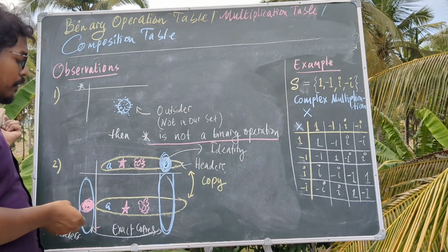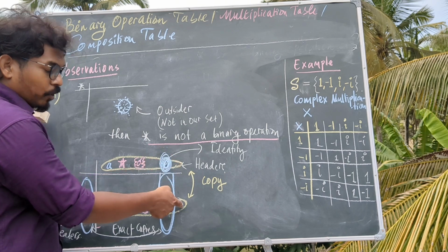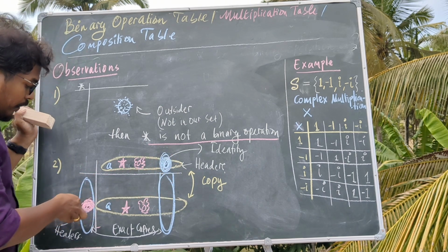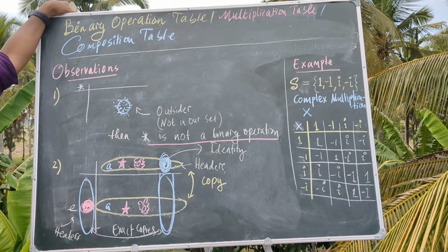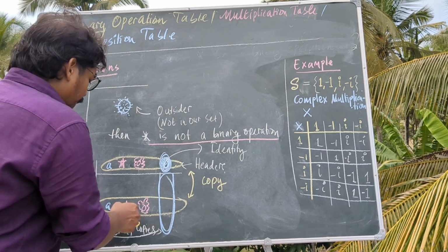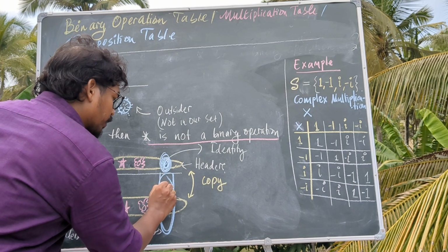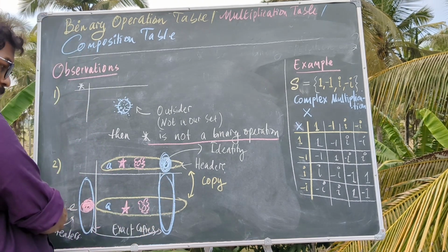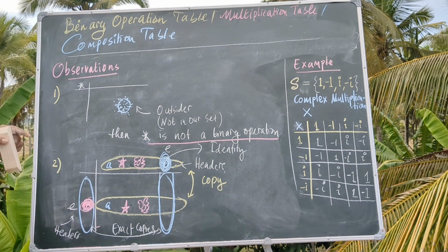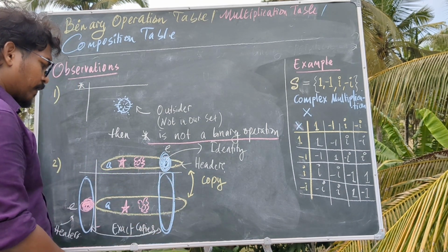Actually what happens, let us see, if this is the exact copy of this one, suppose this element is, I am writing E, this column is an exact copy of this one. So here I will have E. See what happens, this one is an exact copy of this one.